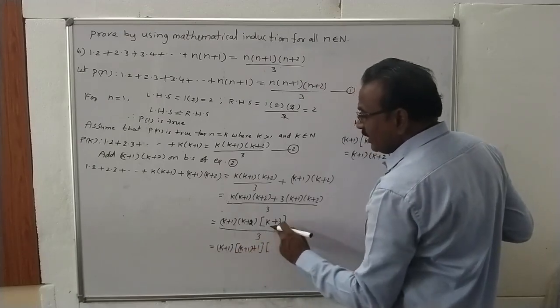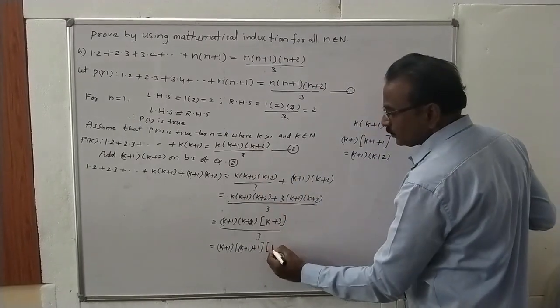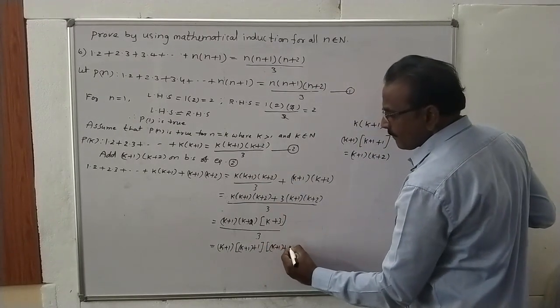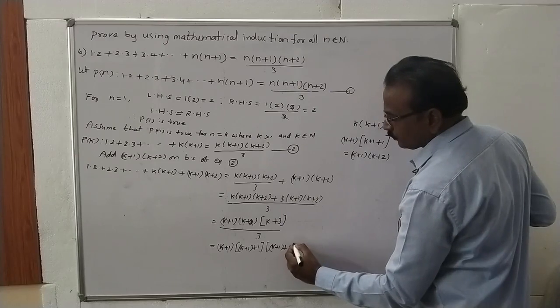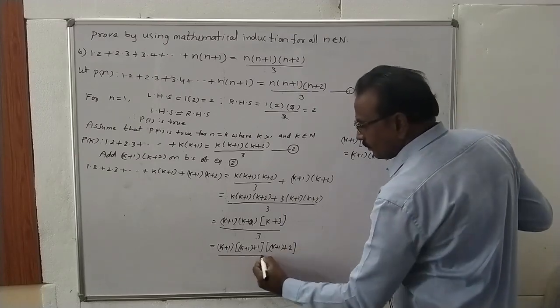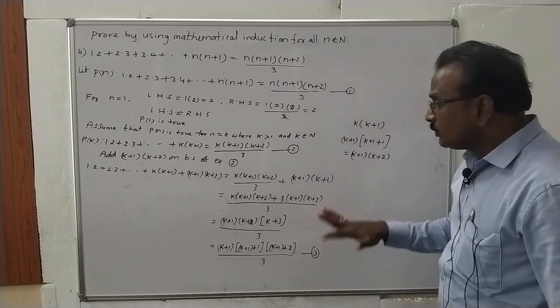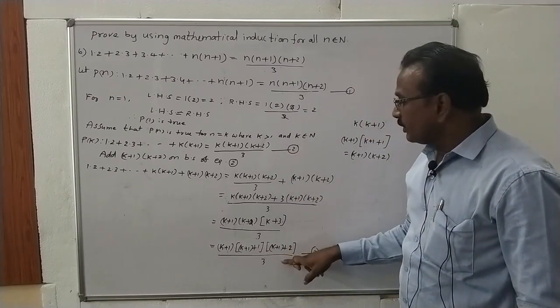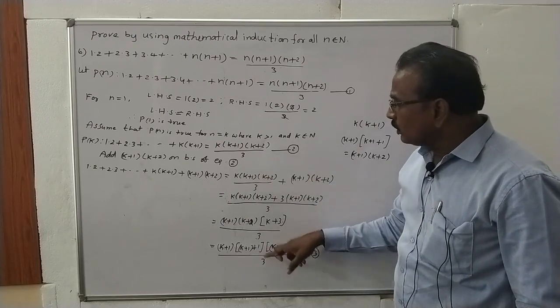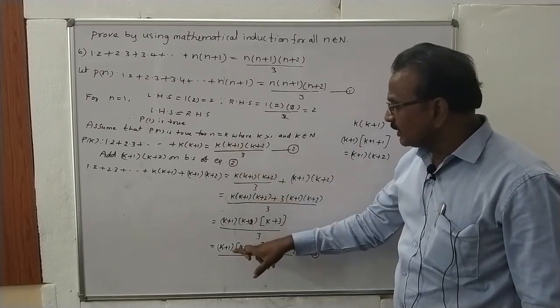Here k plus 3 can be written as k plus 1 plus 2, divided by 3. This is equation 3. Just observe equation 2 and equation 3. Comparing 2 and 3, here k is there, here k plus 1 is there.